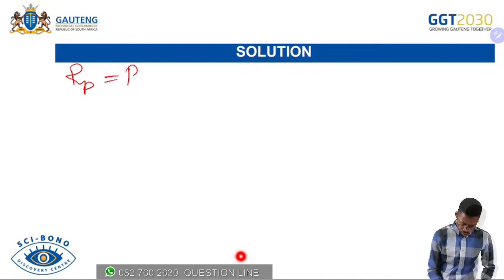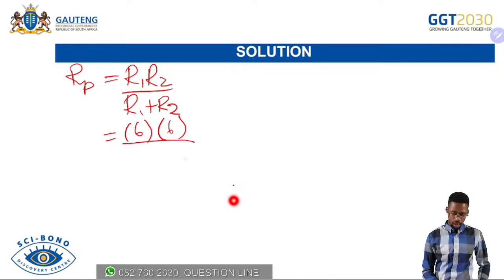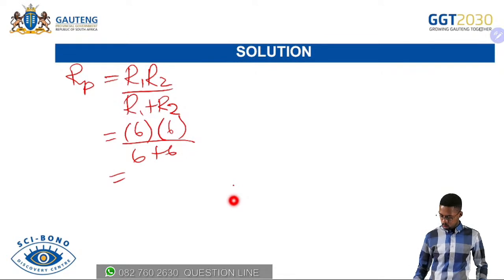So you can use this formula that says R1 R2 divided by R1 plus R2. What is our R1? It's 6. What is our R2? It's 6, over 6 plus 6. Then what will be your answer?